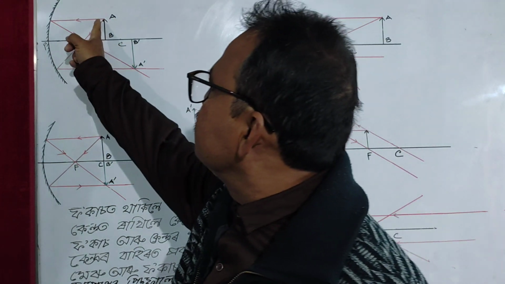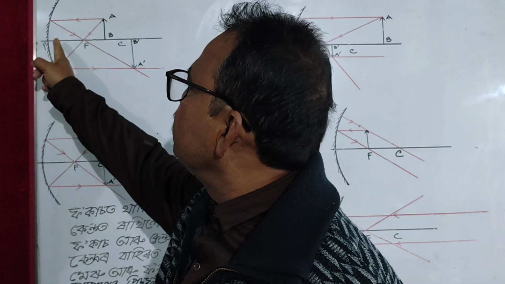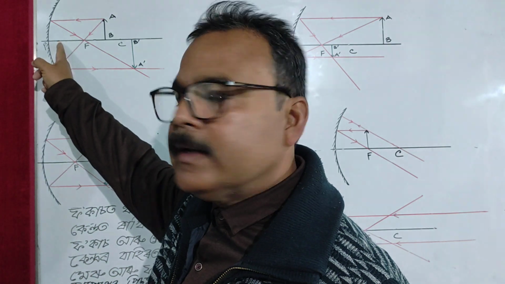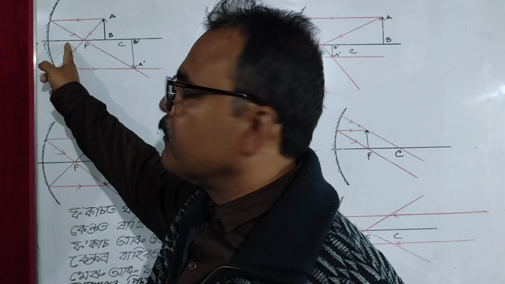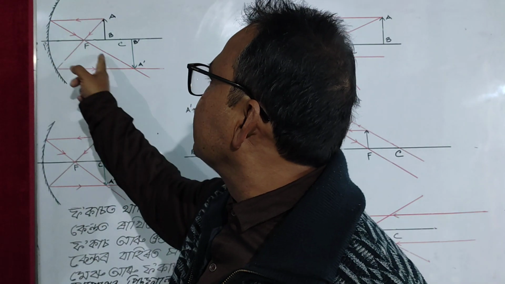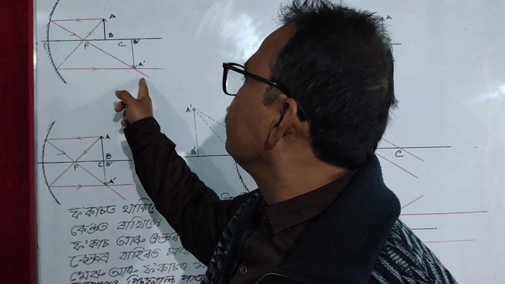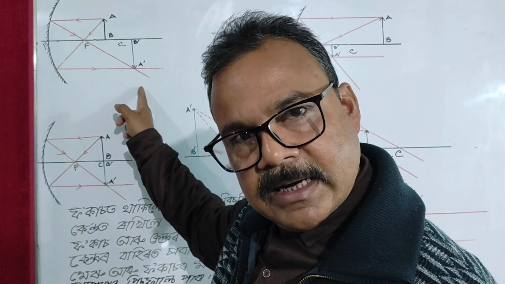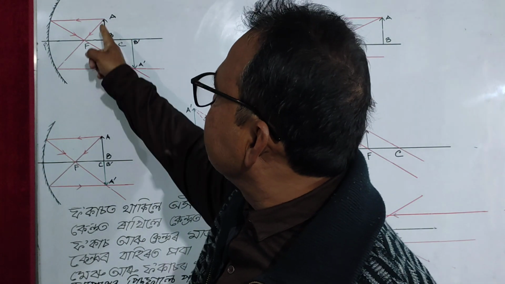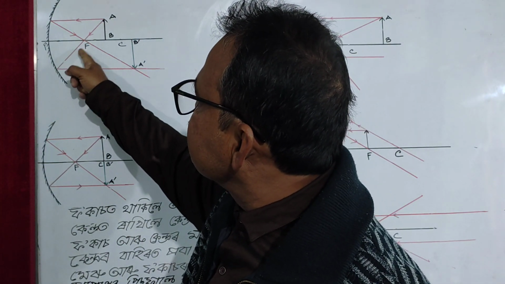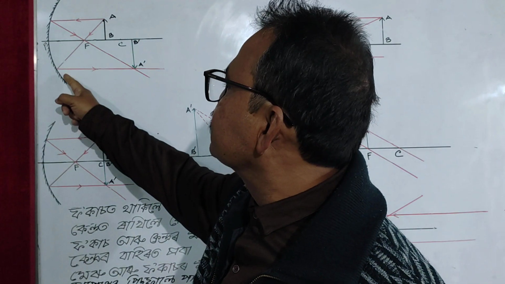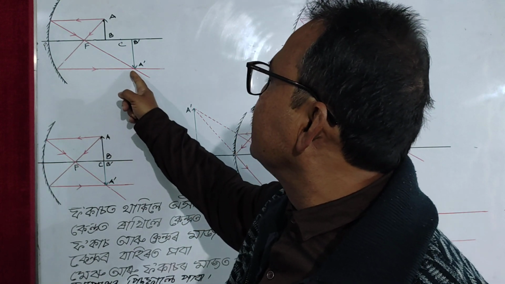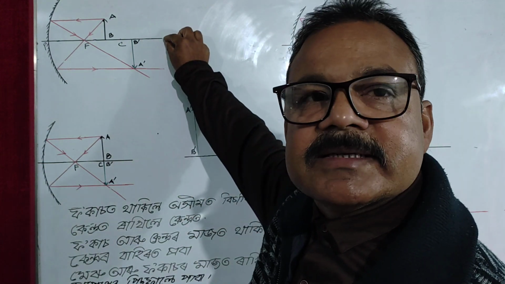One ray is parallel to the principal axis, and you know that the ray which is parallel to the principal axis, after reflection will pass through the focus. Is it clear? And I am taking another ray which passes through the focus. So after reflection, the ray becomes parallel to the principal axis.